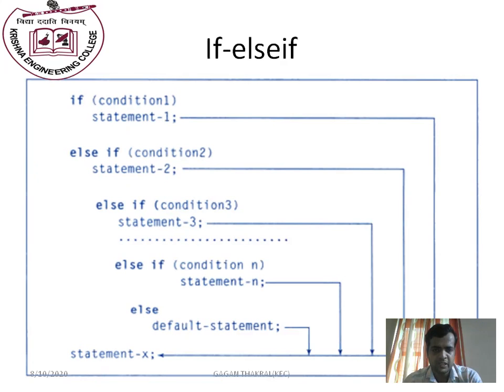Else if condition 3 is true, then it will print statement 3. And if condition n is true, then it will execute statement n. Else, the default statement: if conditions 1 to n are all false, then it will automatically print the default statement. So this is known as the if-else-if statement.